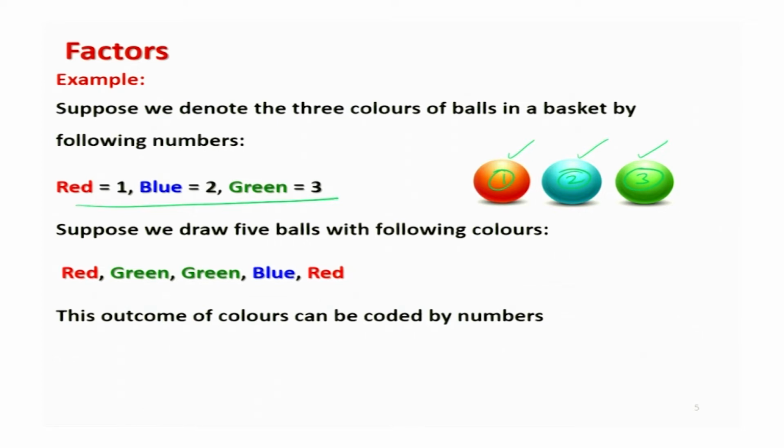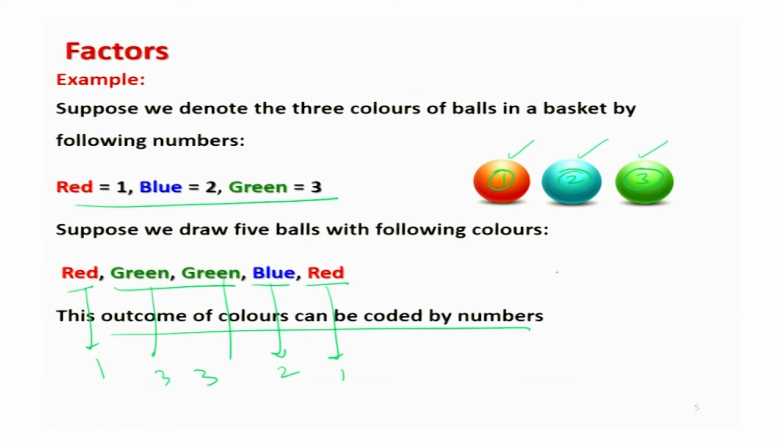They are like this. First ball is red, then the next 2 balls are green, then the fourth ball is blue, and the fifth ball is red. So now this outcome of 5 balls can be coded by numbers also. How? Red can be indicated by 1, green can be indicated by 3, blue can be indicated by 2, and this red can be indicated by 1.